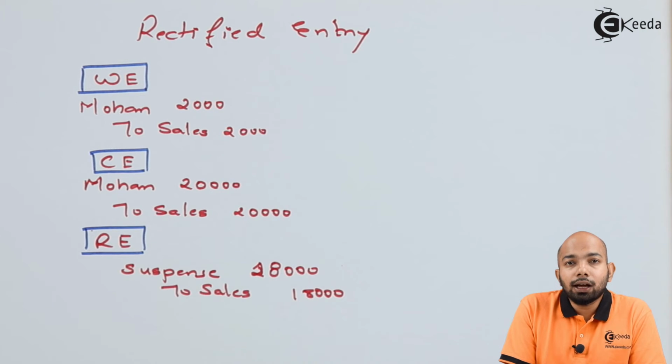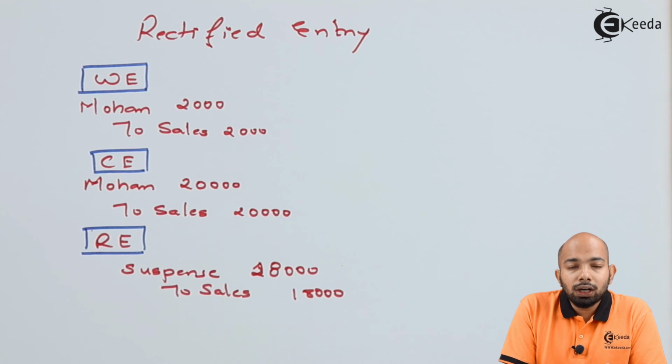That means 18,000 is the balance that will be mentioned in the rectified entry, and the suspense account will be used because we don't know which account will have the maximum effect. It can be either the Mohan account or the sales account. Hence, we have considered sales being the credit side and the suspense account being debited here.